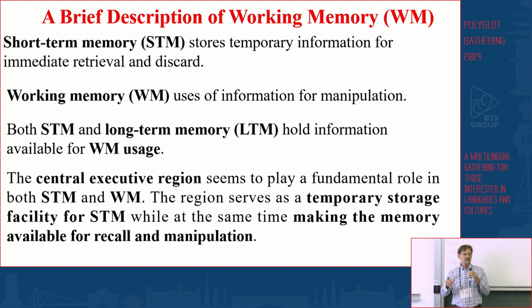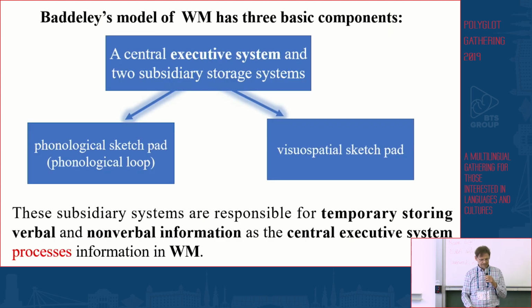So how is this working? You have working memory, short-term memory, long-term memory, and then you have the executive function that seems to play a role in both short-term and working memory. The region serves as a temporary storage facility for short-term memory, while at the same time making the memory available for recall and manipulation.